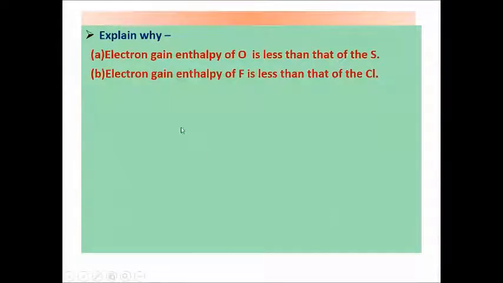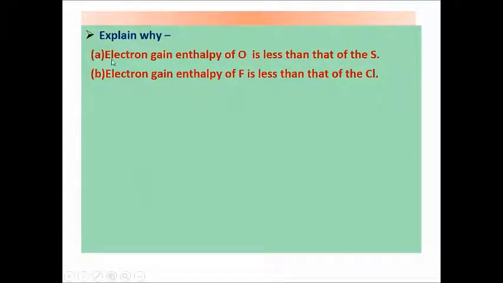Now we can explain two questions. The electron gain enthalpy of oxygen is less than that of sulfur. In the same way, the electron gain enthalpy of fluorine is less than that of chlorine. For both these questions, we can give the same answer. Oxygen and sulfur belong to the same group; fluorine and chlorine belong to the same group.